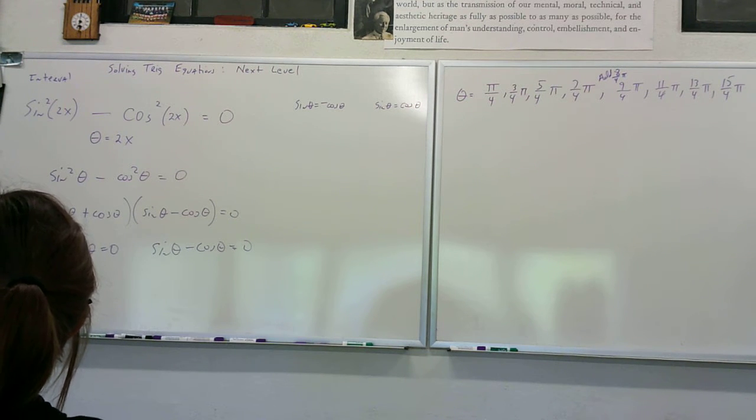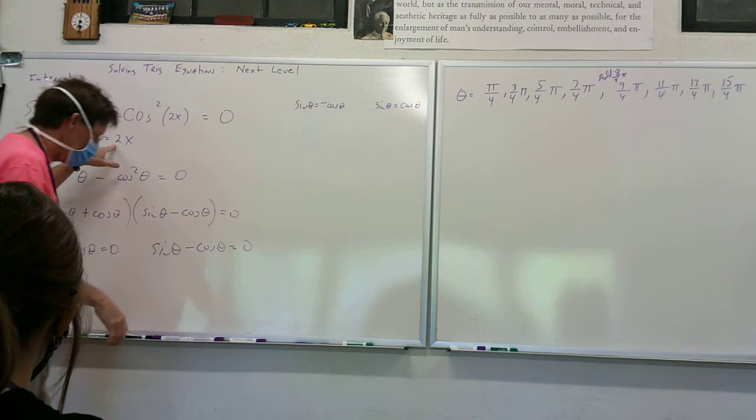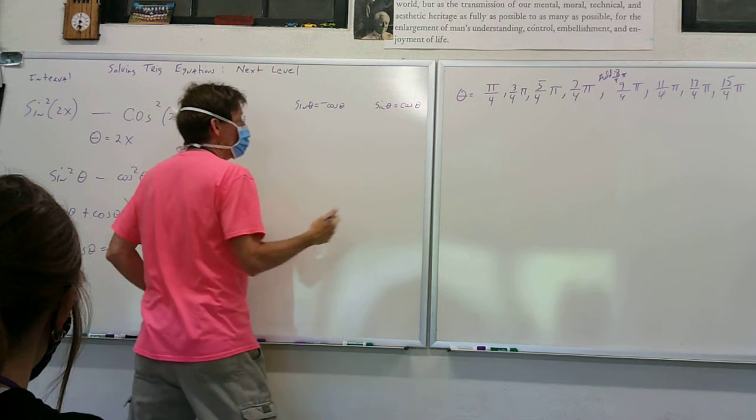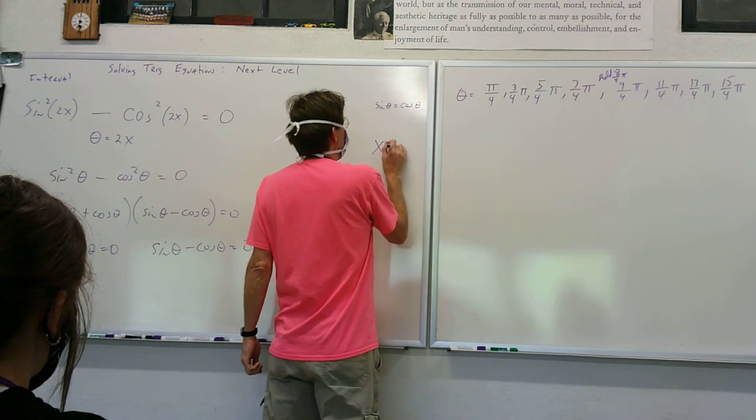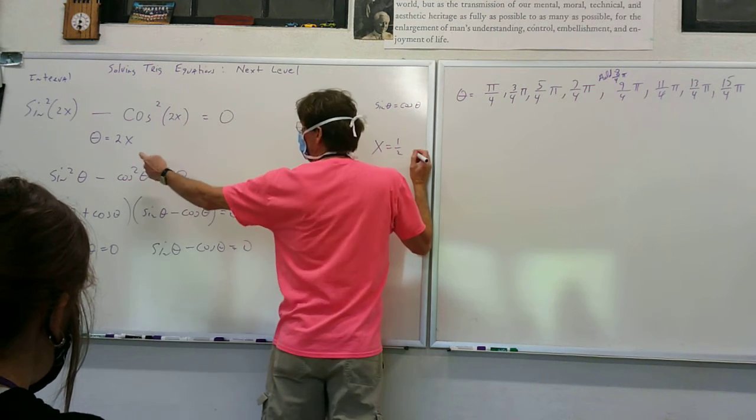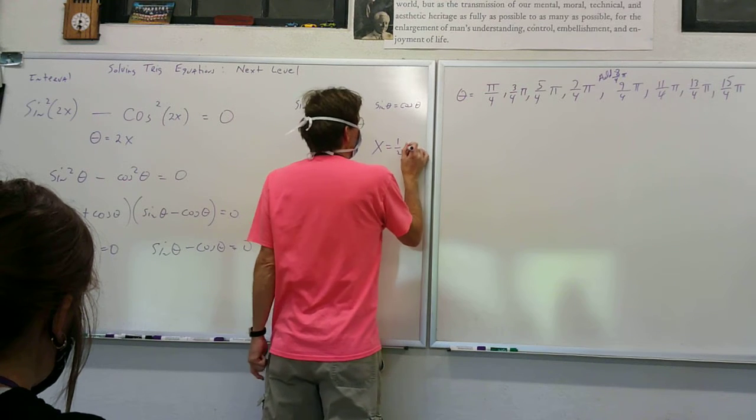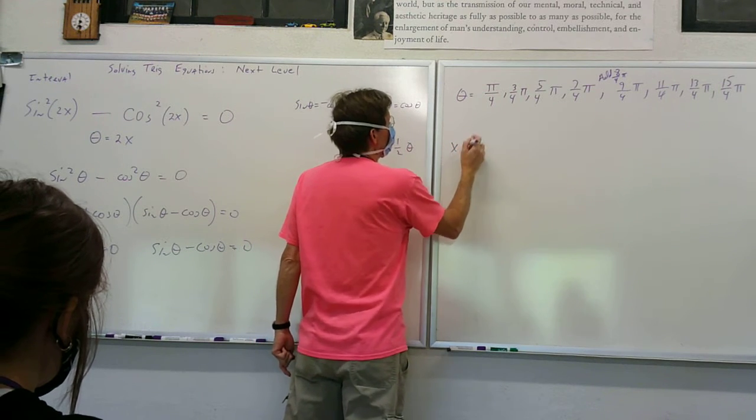What do I do next? I need to solve for x, right? So I look at that, and I know that x equals 1/2 of theta. So what I'm going to do is I'm just going to multiply every one of those by half.